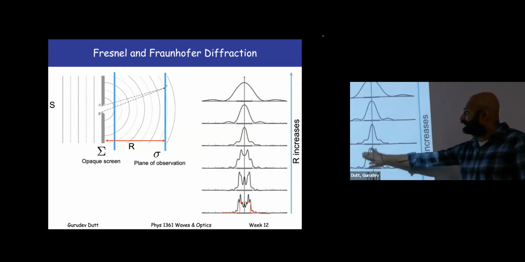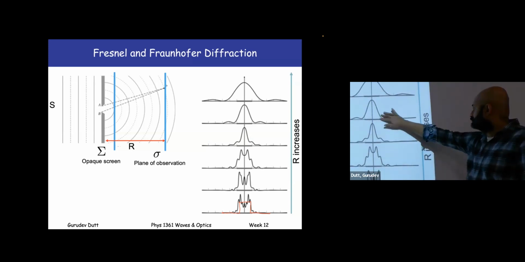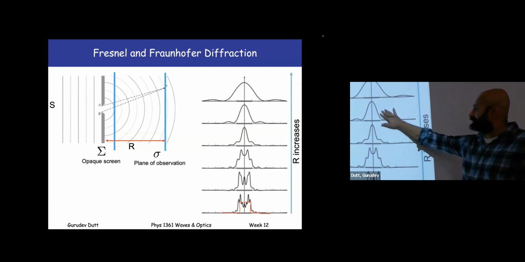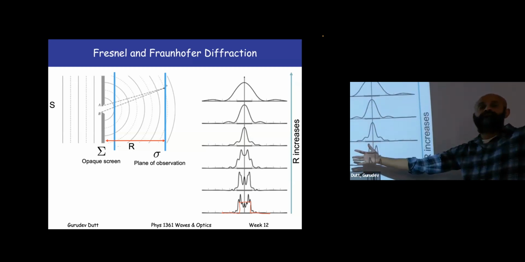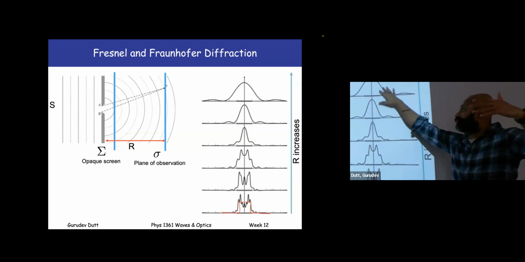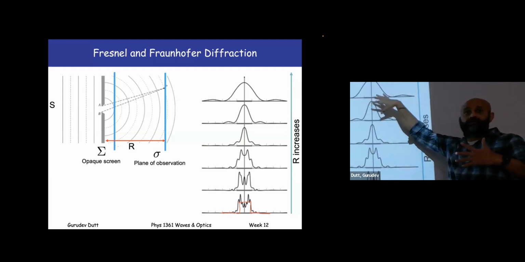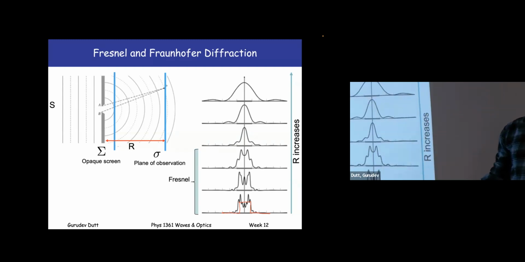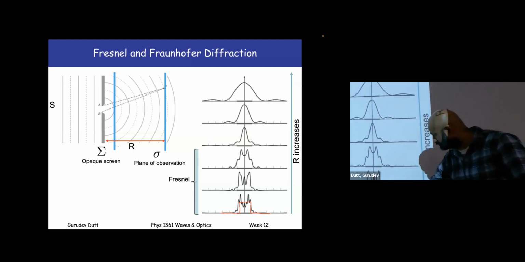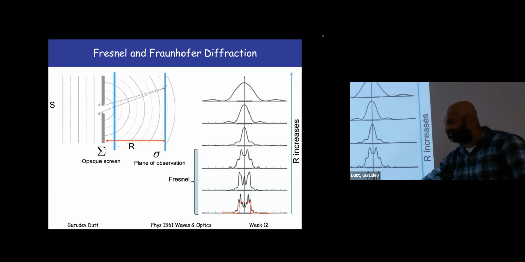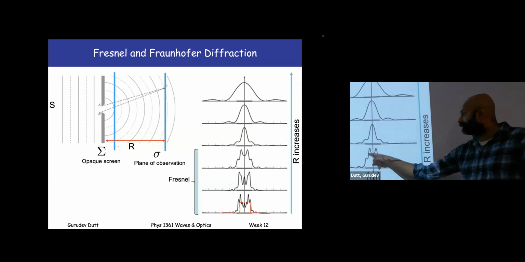Once I get past this region to this region over here, the pattern doesn't change, but it just spreads out. This is called the far field region or the Fraunhofer region. And this other region almost looks like the geometrical shadow, except that there's some fringing going on.